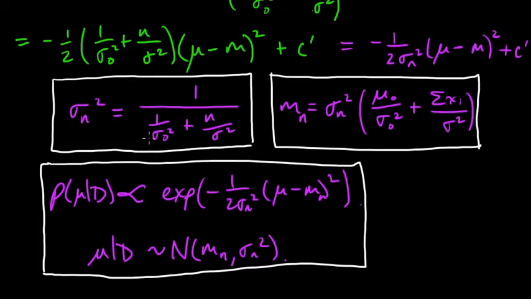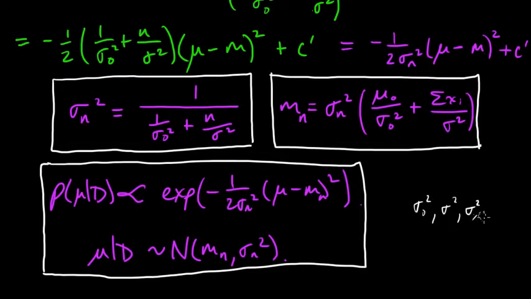Something to note about this variance, a cool little mathematical fact, is that if you multiply this by n plus 1, then it equals the harmonic mean of the numbers sigma naught squared, sigma squared, sigma squared, and sigma squared n times.